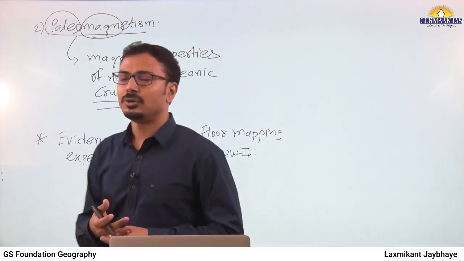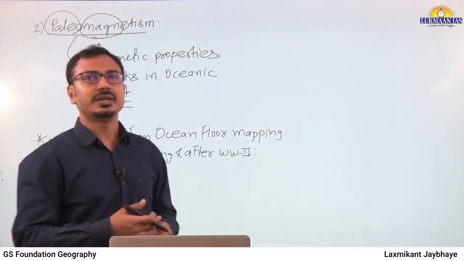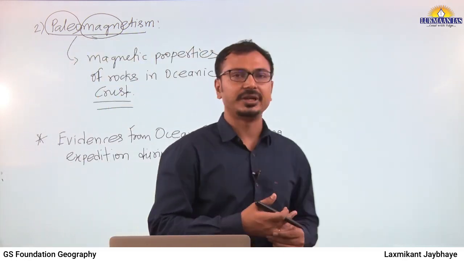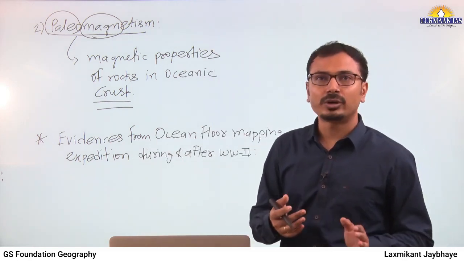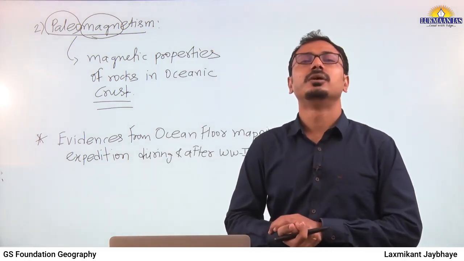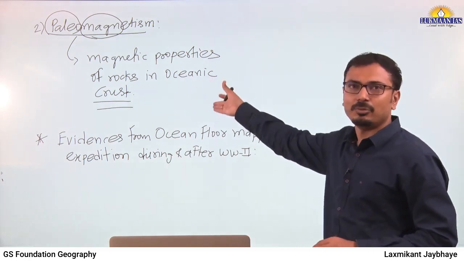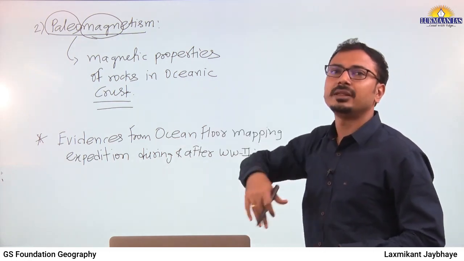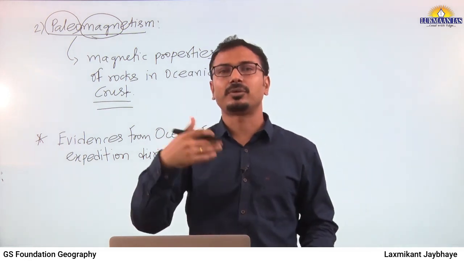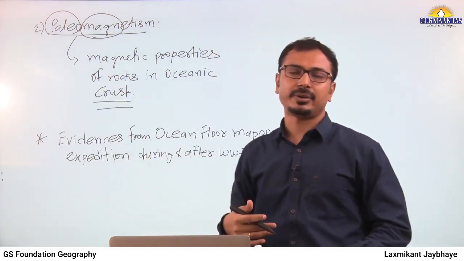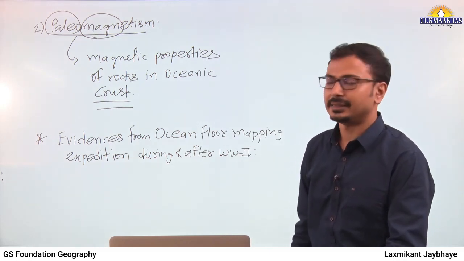So this is how we have to understand the oceanic floor mapping expeditions. They supported the earlier theory of Arthur Holmes and the paleomagnetic studies. Along with that, it became the basis for the proposal of the sea floor spreading hypothesis by Harry Hess.